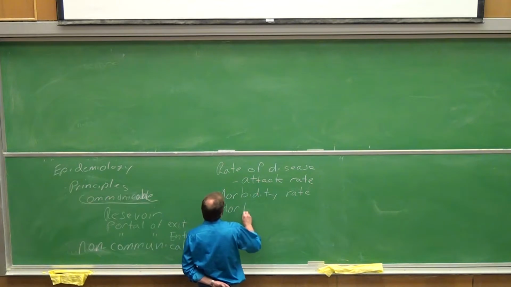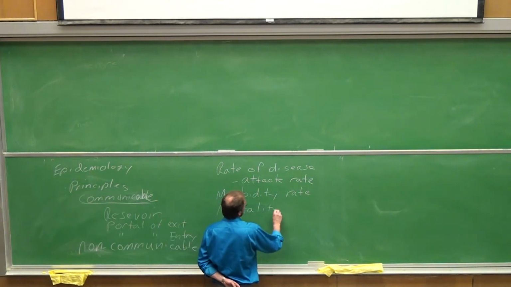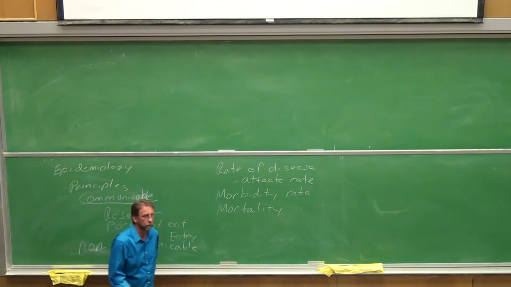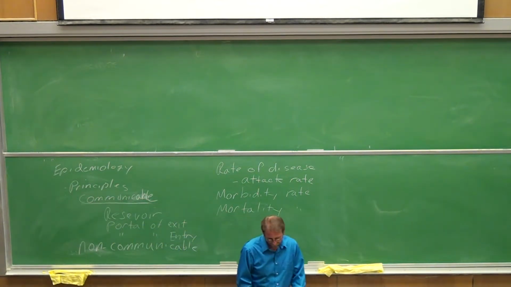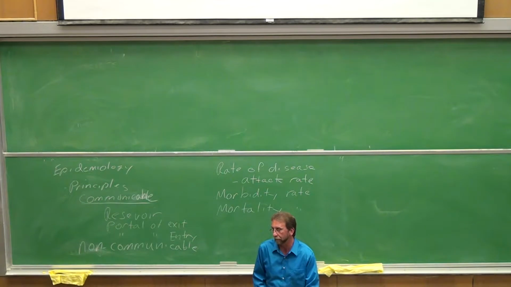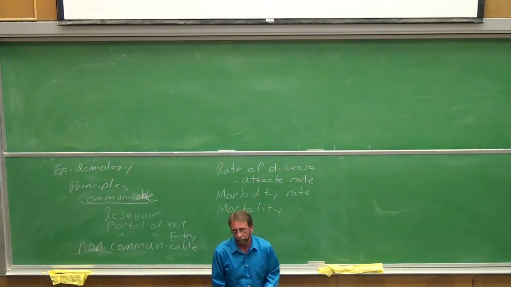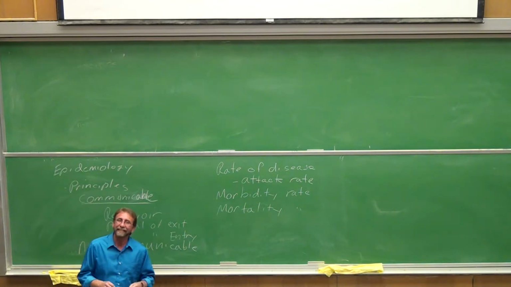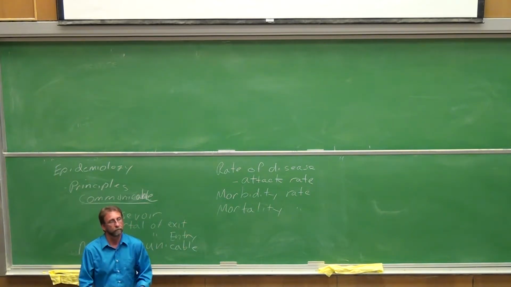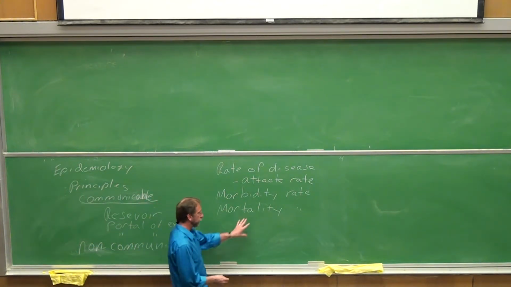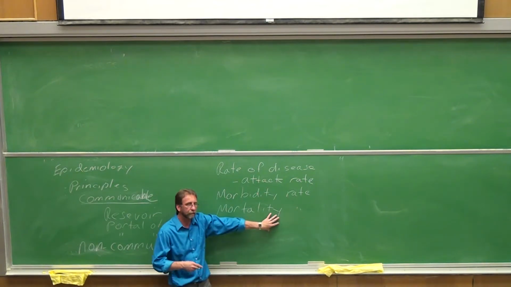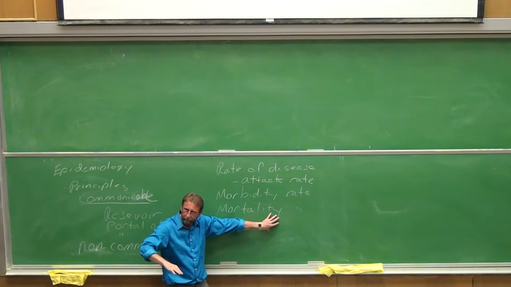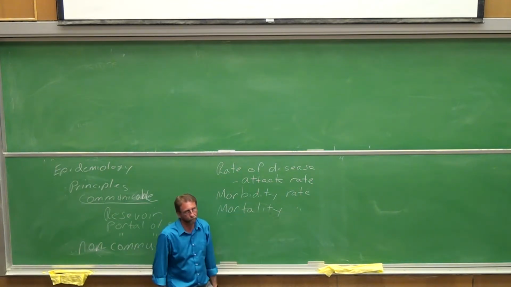But influenza has a low mortality rate. It doesn't kill a lot of people. So mortality rate is the percentage of people that die from the disease, the percentage of people that die from the disease that are infected. Okay? So it's not just the mortality rate in the general population, but of the individuals that have been infected, how many of those die?